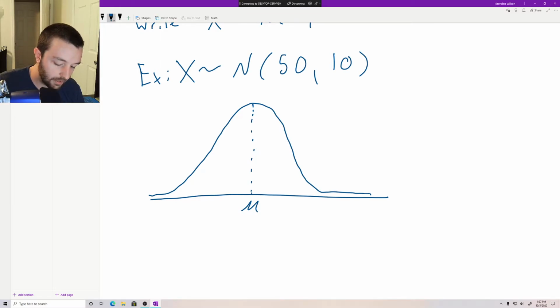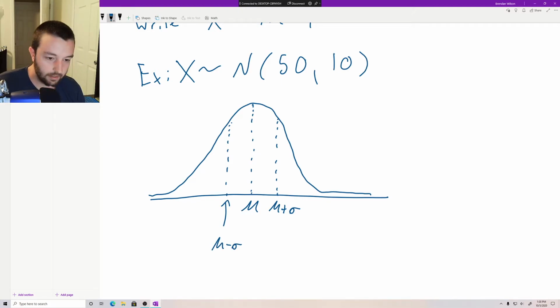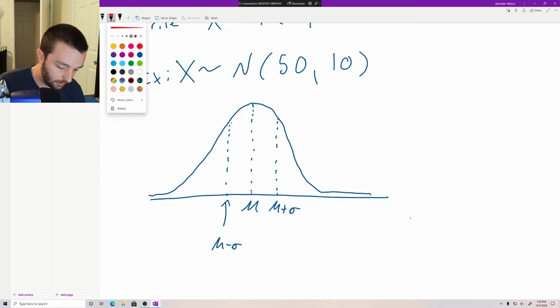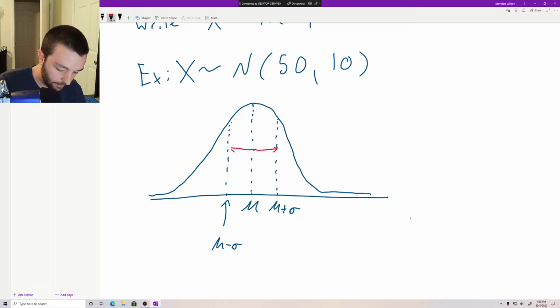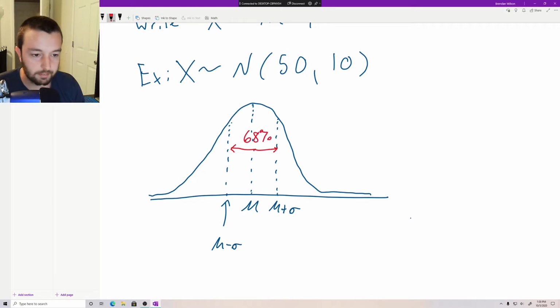Okay. And then the book doesn't talk about this yet, but we can go ahead and talk about it. If we go one standard deviation away, so if we go here to mu plus sigma and mu minus sigma, this distance, one standard deviation away accounts for 68% of the data.